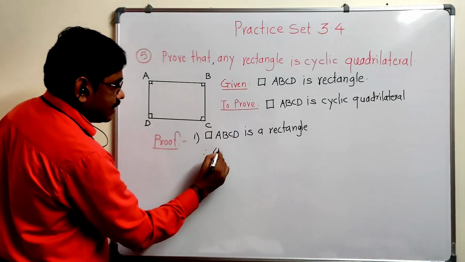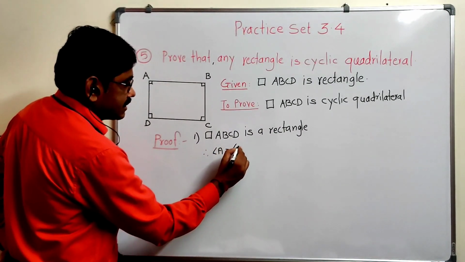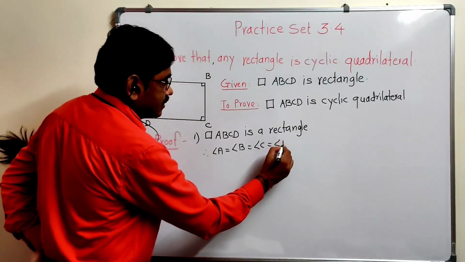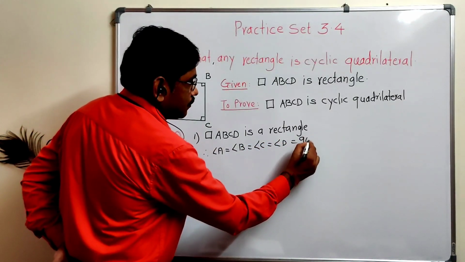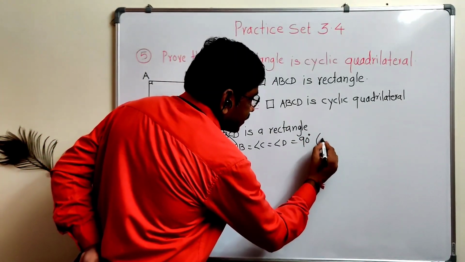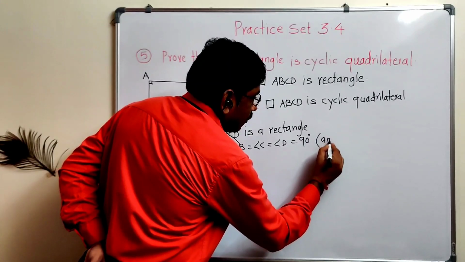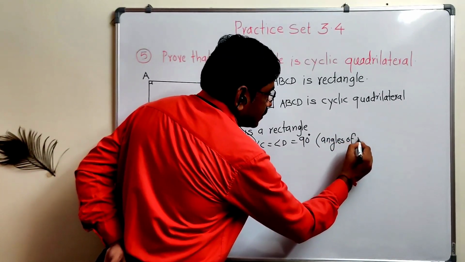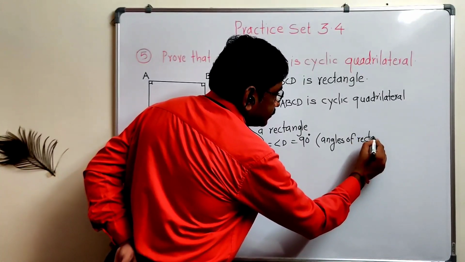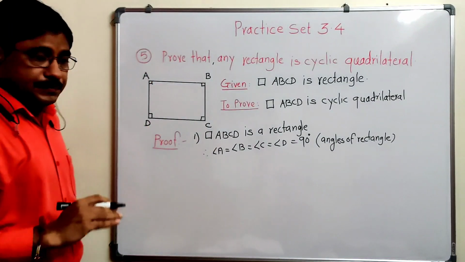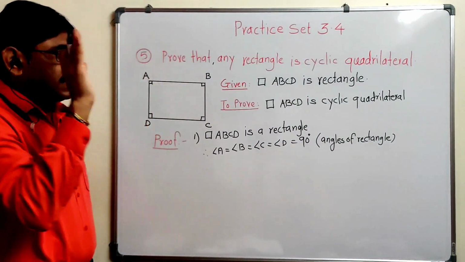Angle A equals angle B equals angle C equals angle D is equal to 90 degrees. So here we can write the reason: angles of rectangle. If you write the reason, it is better. So A, B, C, D all are angles of the rectangle.